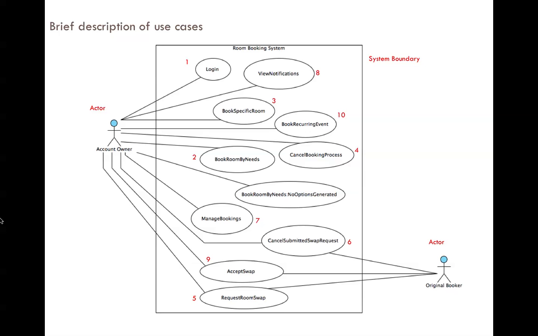Use case 9, accept swap, is when the original booker of a room accepts the offer by the account owner for a swap of rooms. Use case 10, booking recurring events, is when the account owner selects a room and time to book and has the status level to book a recurring event.